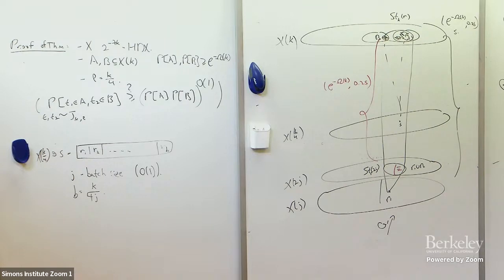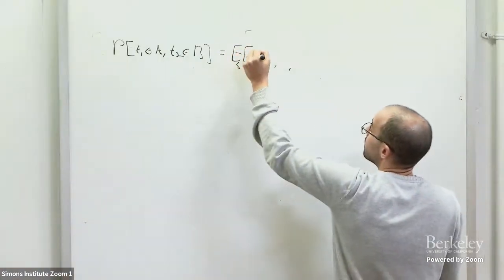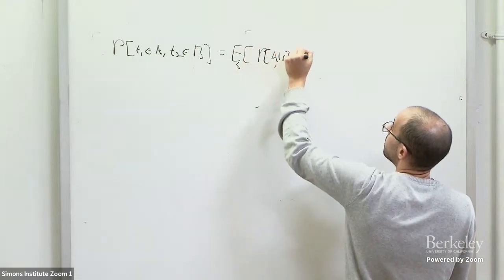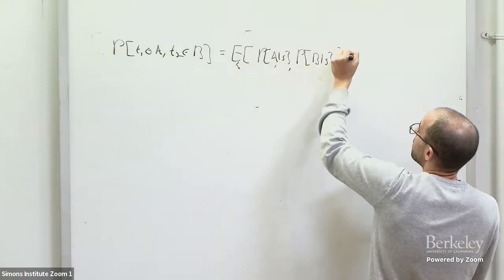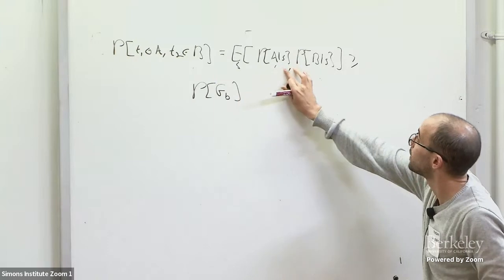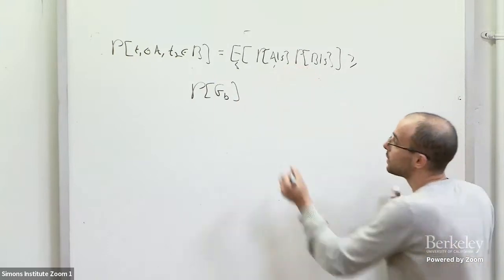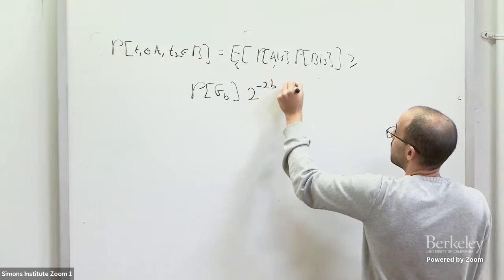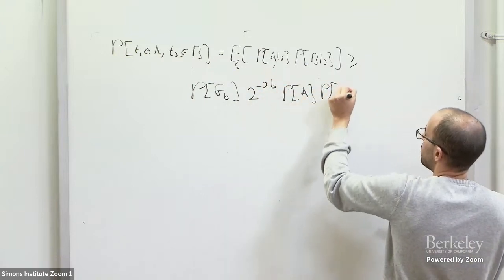And I claim that this suffices because, of course, the probability that a good event happens, which is this expectation, is just greater or equal to the probability of G_B times the smallest value this thing can get, given that S is in G_B, which is e to the minus 2b, P_A, P_B.